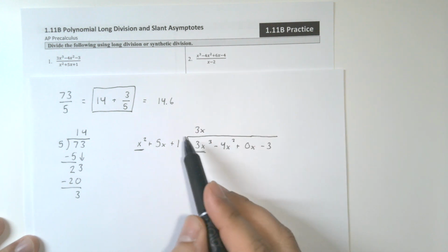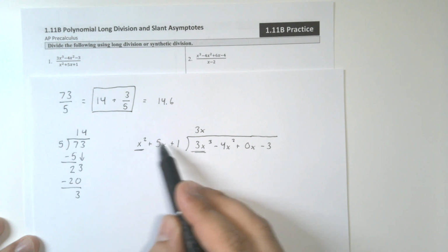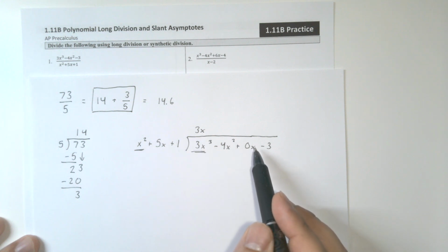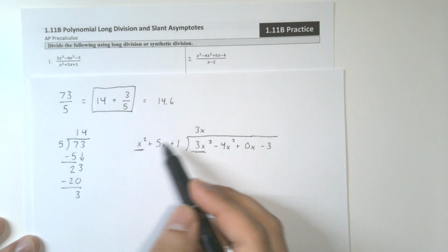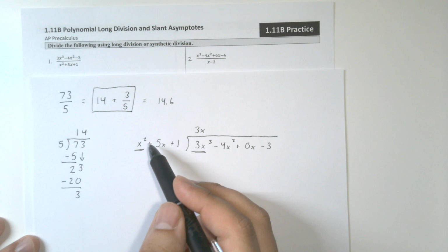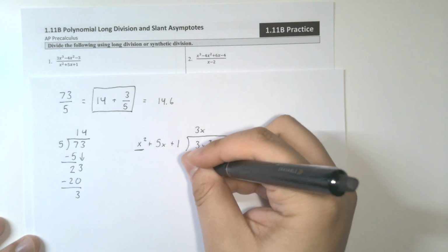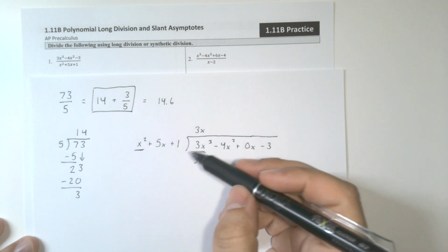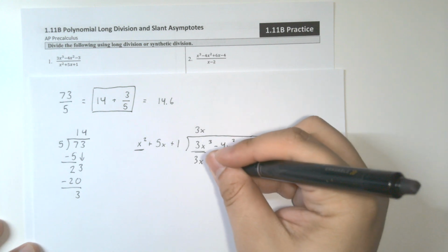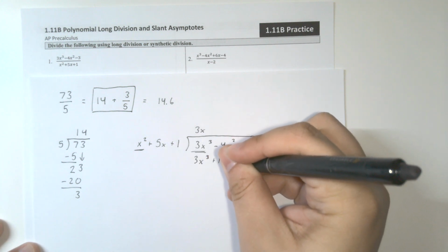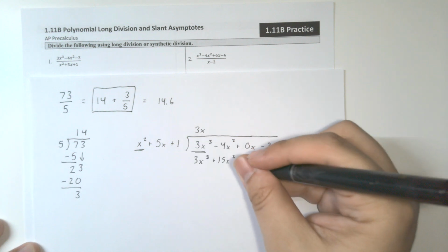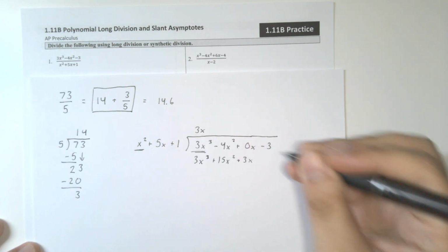So then we multiply all of this times 3x, and we're going to write it down here. And this is why this 0x is important for a placeholder. So if we do 3x times x squared, we should get 3x cubed again. If we do 5x times 3x, we get 15x squared. And if we do 1 times 3x, we have 3x.